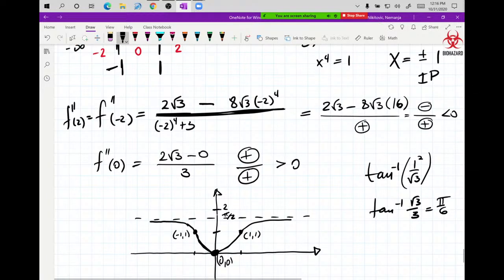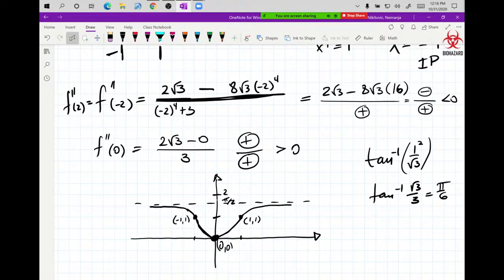And pi over 6 is not 1. Pi over 6 is about 0.5. So those are bad values there. It's a pi over 6 on the y-axis.